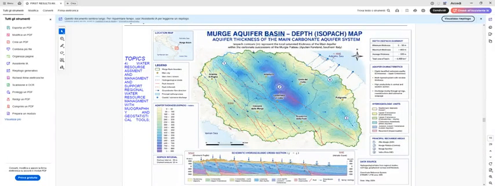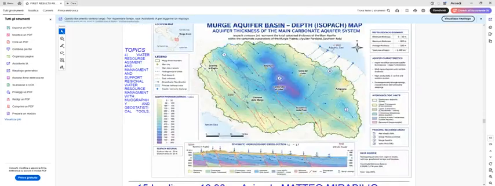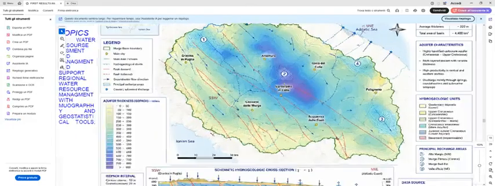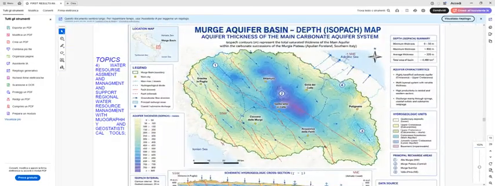Which will be finally one of the questions to evaluate really the volume that can be stored in this aquifer. The first question is a geological question, which will be effectively the thickness of the main carbonatic aquifer system in the Murge Basin.